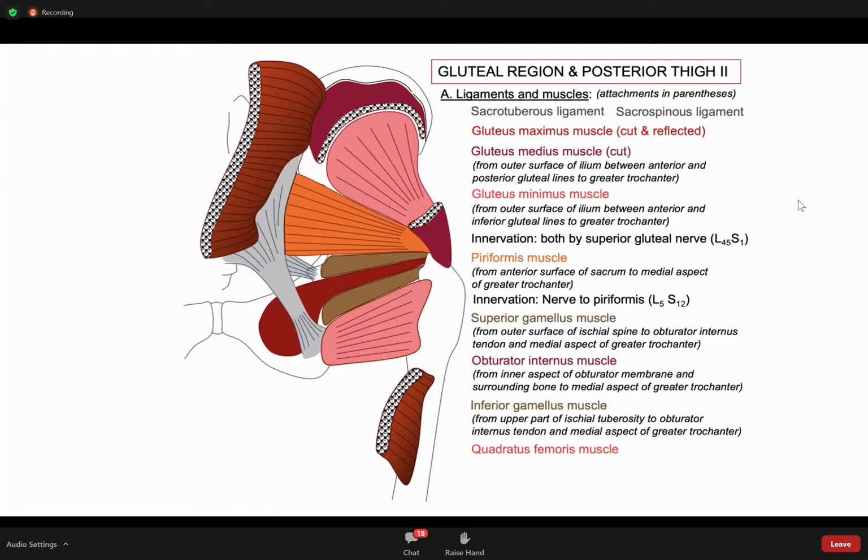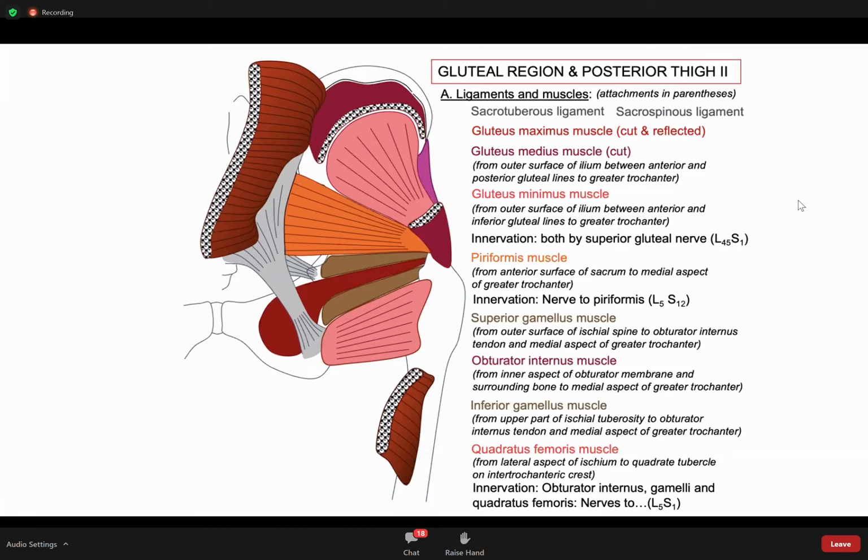These are, in your language, mutashabihat. They resemble each other, because this quadratus word is used in different places. So on the basis of the appearance of this muscle, we name it like that. Are we good? Okay. Going further, this is the nerve supply.